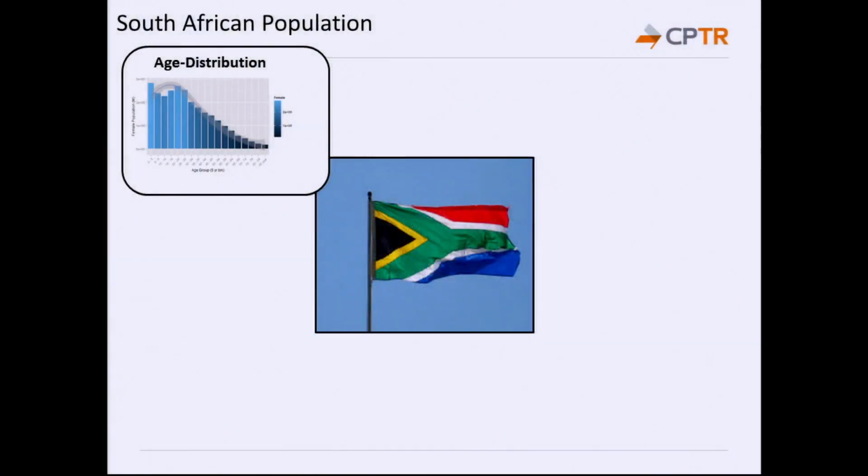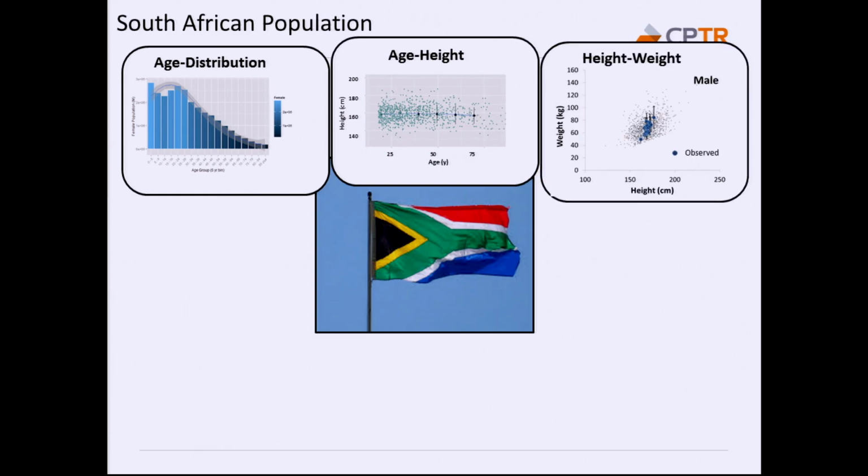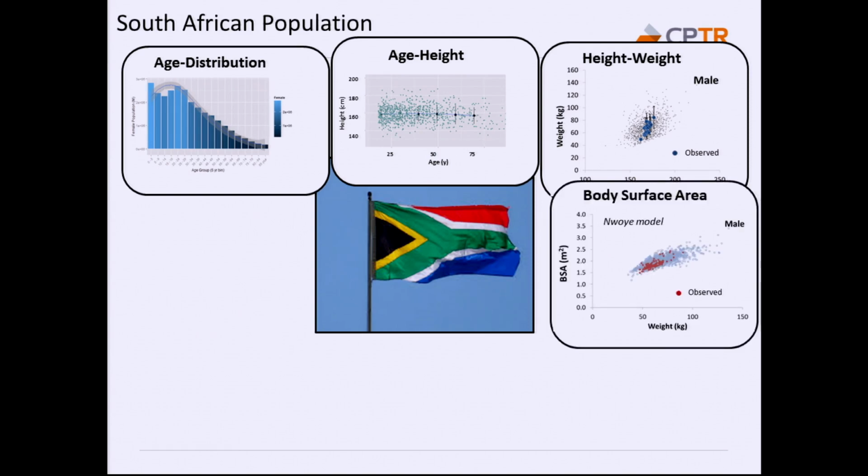So this is looking at the information we collected for the South African population, just shows how we go around building up the populations that we use in the physiologically based pharmacokinetic modeling. So what we do is to describe all of the covariates that we need to describe the behavior of the drug across the population. So here you can see the age distribution, and then once you've defined the age distribution, the height-weight distribution, and obviously once you know the height and weight, you can look at things like body surface area.